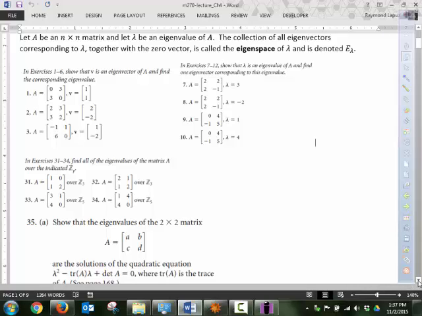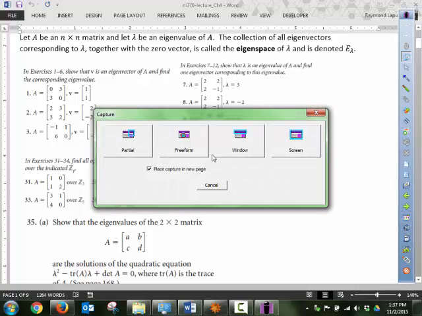Let's see, which one should we do? Let's do number 10 for an example. They gave us the eigenvalue already.